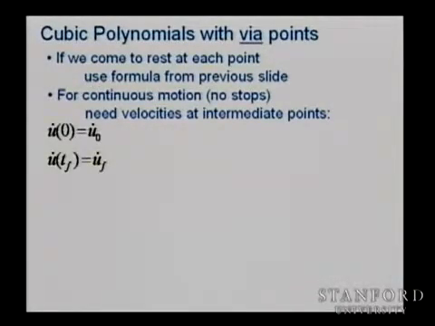So at time 0, the velocity will be some value, u sub 0 dot, and at time tf will be some other value. Let's assume for a second that those are given. We'll see later how to deal with that. So those will be added to the initial conditions. We'll have the position at the beginning, the position at the end, the velocity at the beginning, the velocity at the end. 4 conditions, 4 parameters, a0, a1, a2, a3.